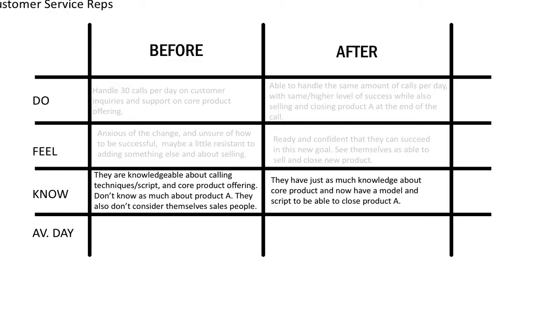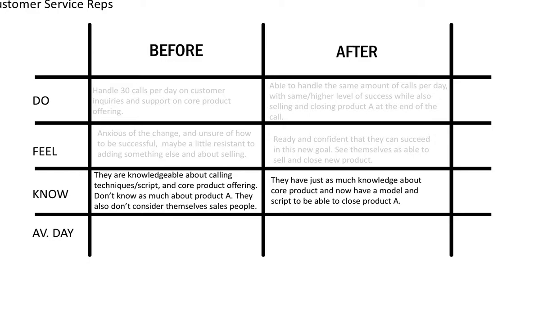So before, what they need to know is that they need to be knowledgeable about calling techniques and the script, and they need to be knowledgeable about that core product offering. They haven't had to be knowledgeable about other additional product offerings in their core job.